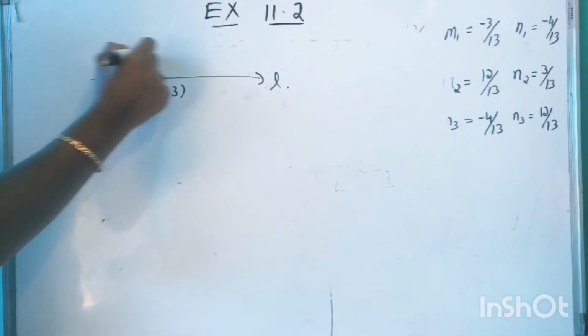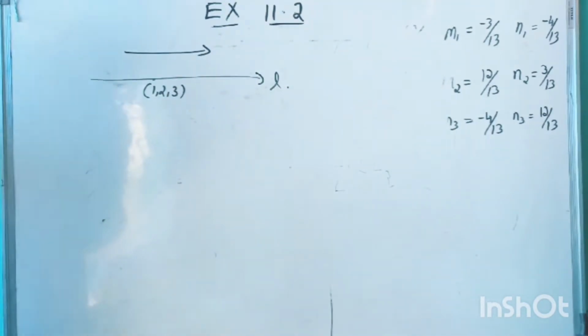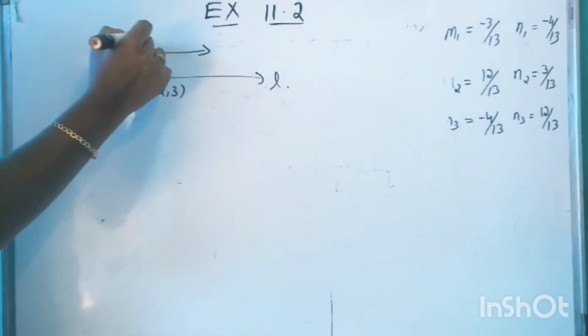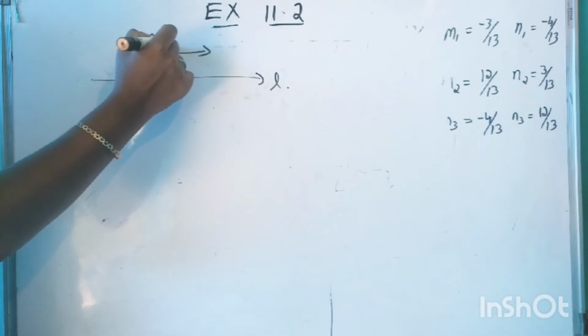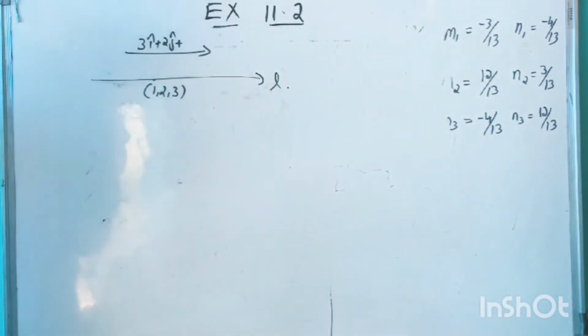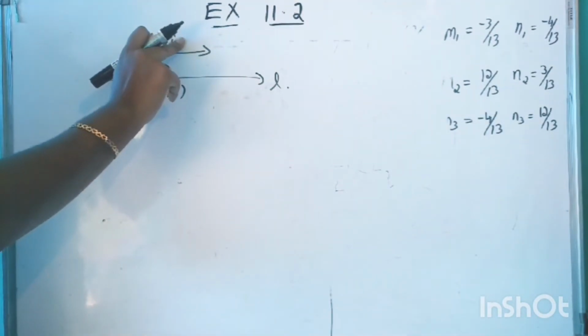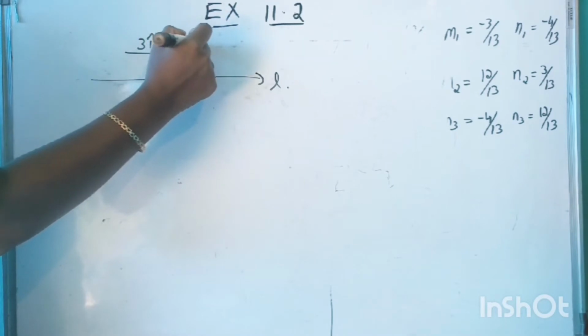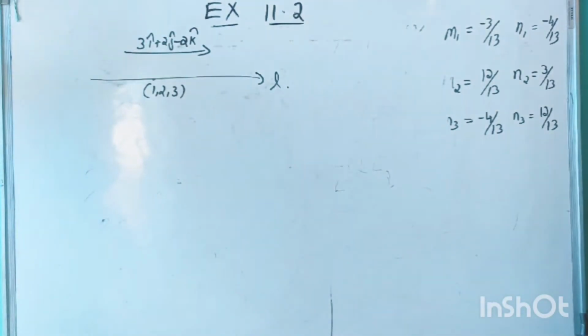And it is parallel to the vector 3i plus 2j cap minus 2k cap. Actually, we need to find the equation of the line. We have two different forms.